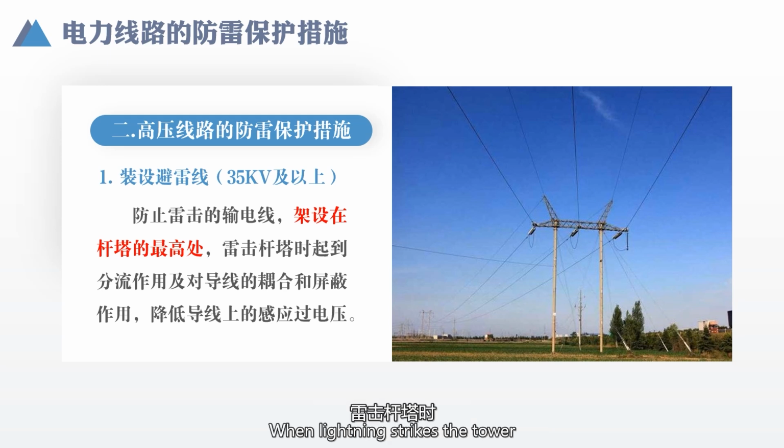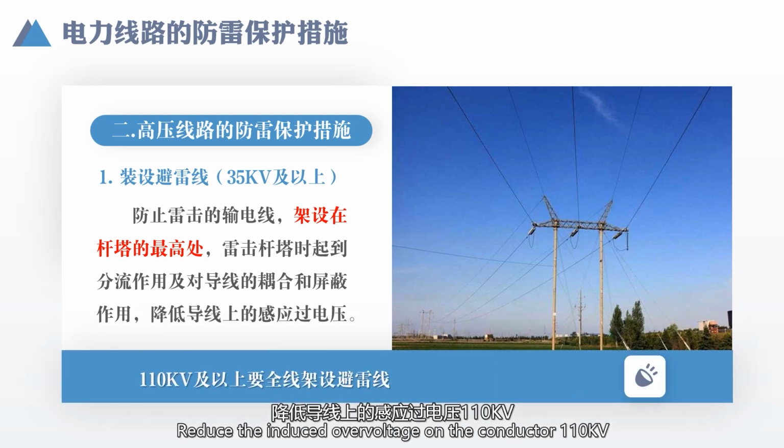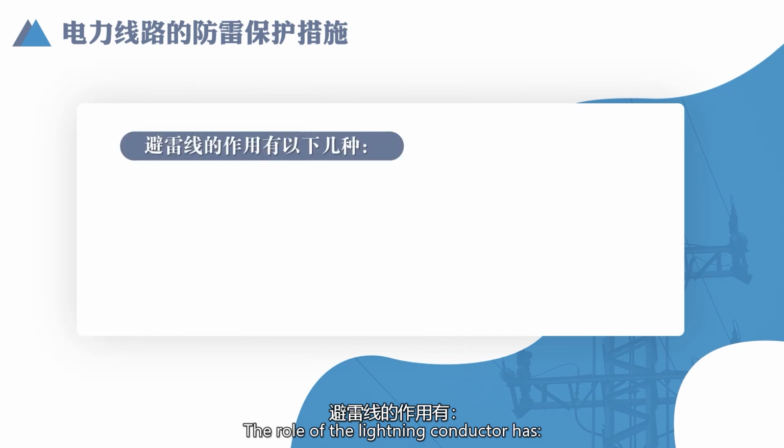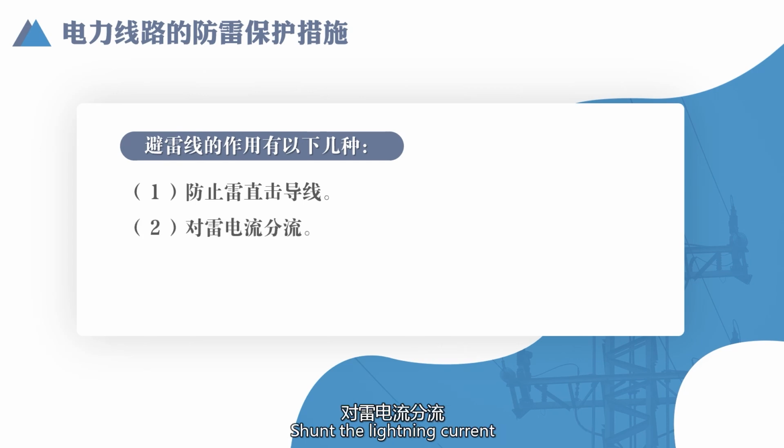When lightning strikes the tower, they play a shunt role, with a coupling effect and a shielding effect on the conductor, reducing the induced overvoltage on the conductor. For 110 kV, the role of the lightning conductor is to prevent lightning from striking the conductor directly and to shunt the lightning current.